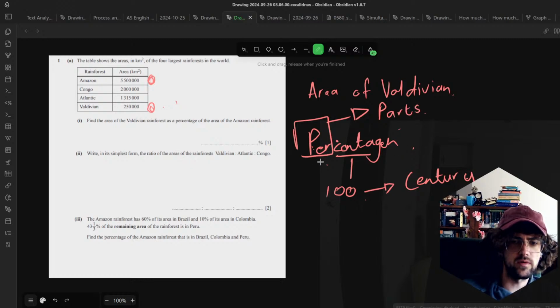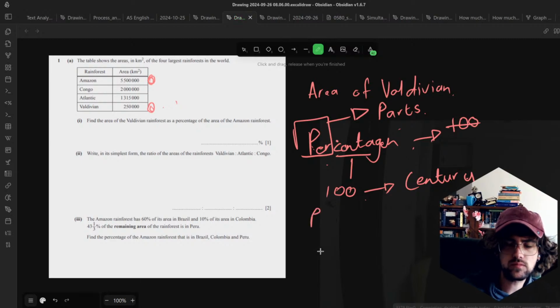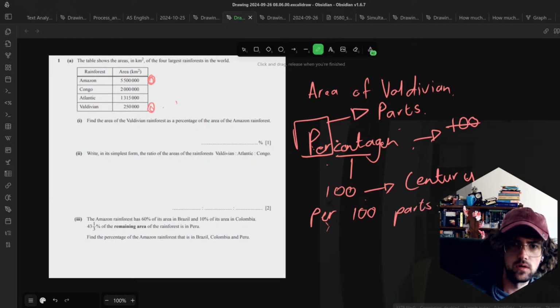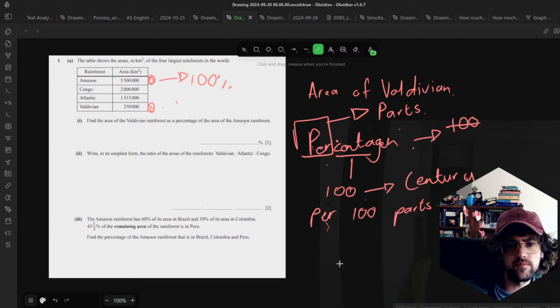So we've got percentage, we want per 100 parts. So we want as a percentage of the area of the Amazon rainforest. The Amazon rainforest is going to be our 100%.